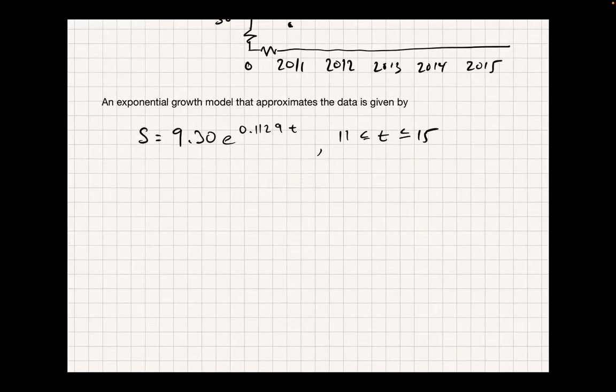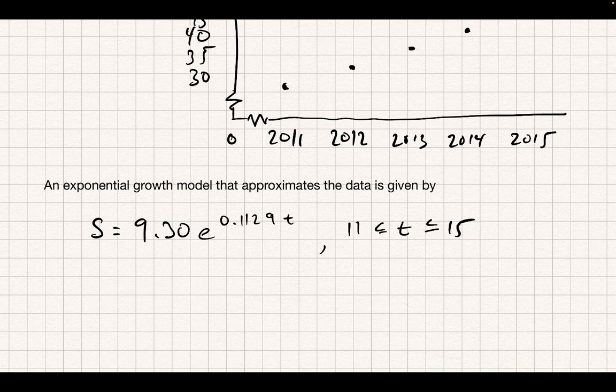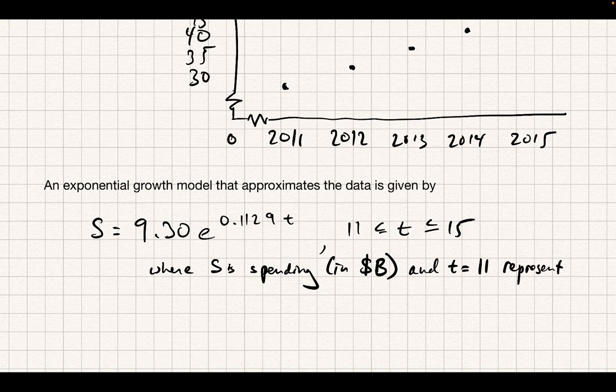Here the model that we're going to use uses 11 to count for 2011 and 15 to count for 2015, and this is where S is spending in billions of dollars, and T equals 0 represents 2011. So can you graph this and see how this compares to your data?